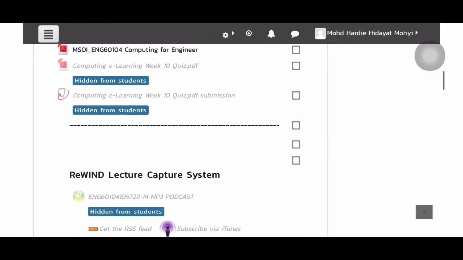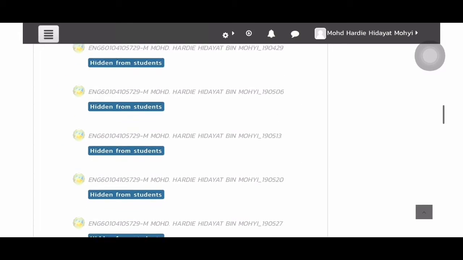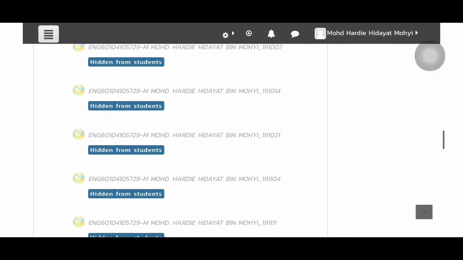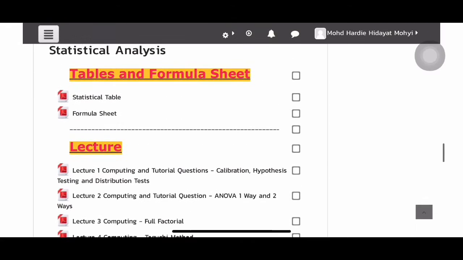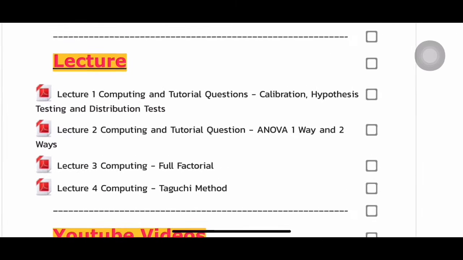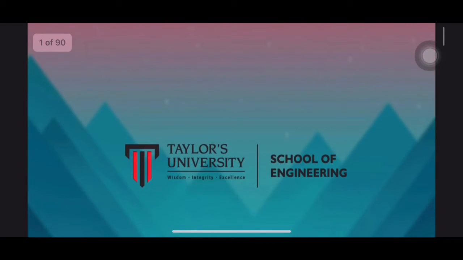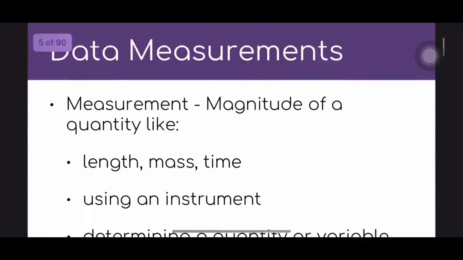Now, what you need in this week 1 is a few things. So this is the TIMES lecture 1, as you can see there, lecture 1, computing and tutorial questions, calibration, hypothesis testing, and distribution test. When you click on it, it will go to my PDF file of my lecture. That's quite long. You can read it and have a look at it.